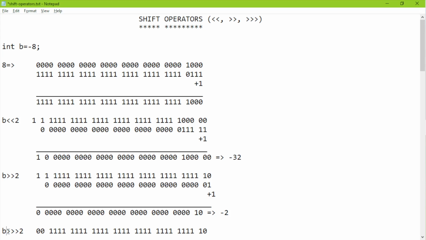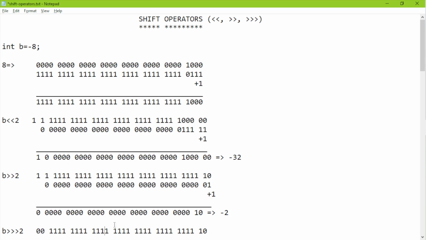This is the application of this operator, so we are calling this right shift with the 0 fill. We don't want to check the last bit, we can directly add just 0. Whether it is right shift or left shift, this triple greater than operator means shift with the 0 fill.